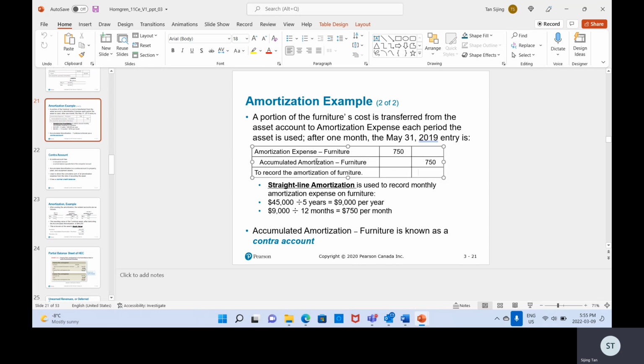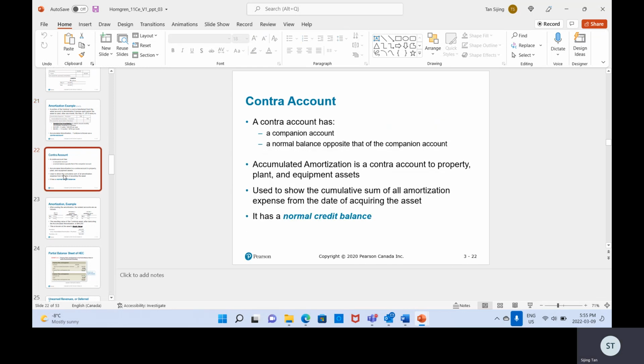Now this accumulated amortization is a control account. What is a control account? All right, control account. There you go. A control account has an accompanying account. Accumulated amortization is a control account to the property, plant, equipment assets. We use it to show the accumulated sum of all amortization expenses from the date of acquiring the assets.